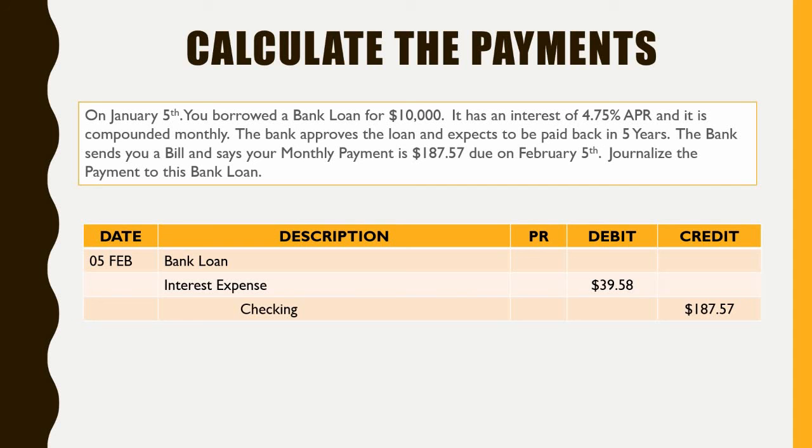So I paid $187.57, and a portion of that money, $39.58, goes towards the interest, and everything after that is going to go towards your actual loan. So in this case, my principal, I'm only paying $147.99 worth.